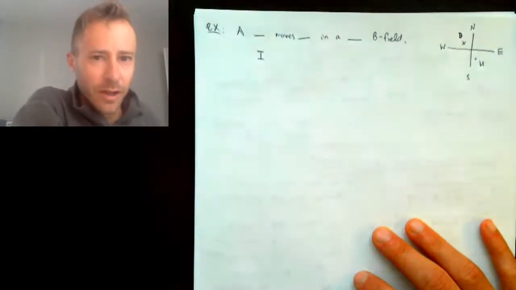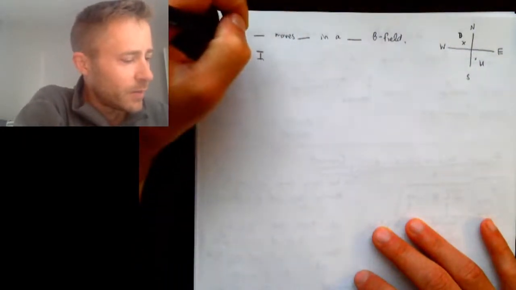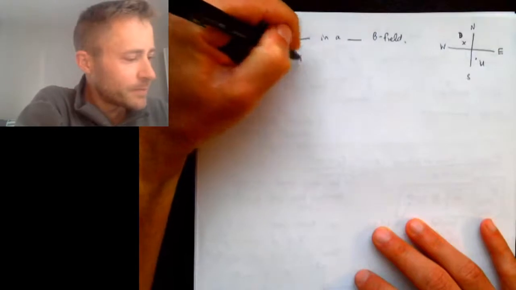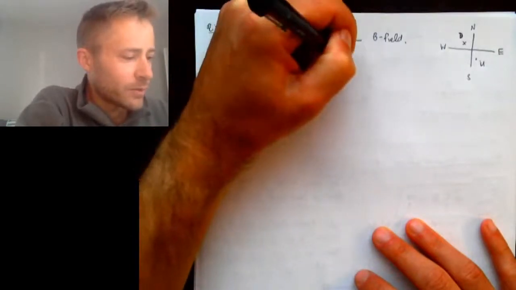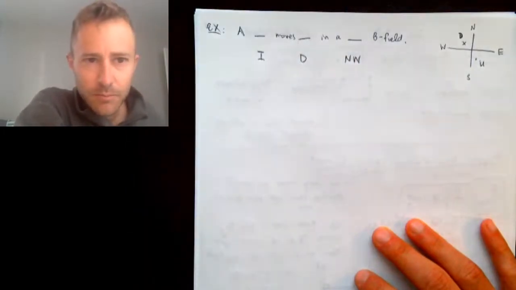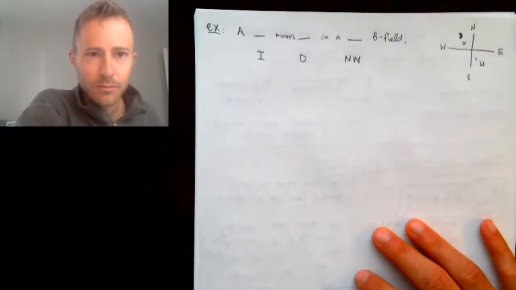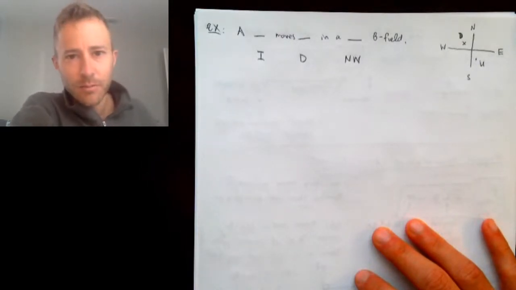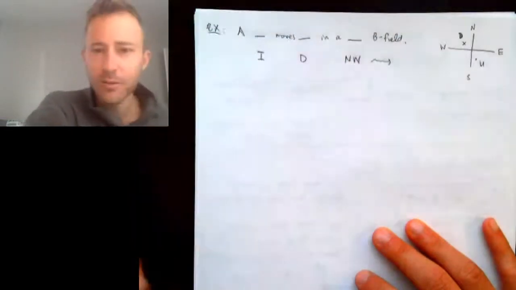Let's say a current moves downward in a northwest magnetic field. The current moves down in a northwest magnetic field. So what is going to be the direction of the magnetic force?